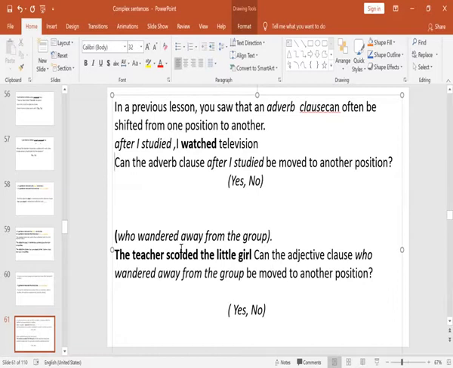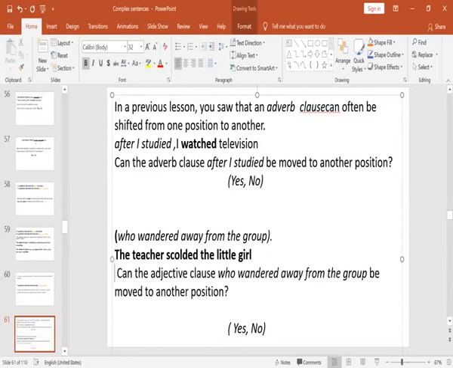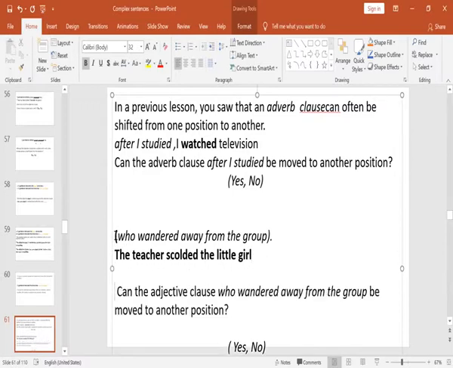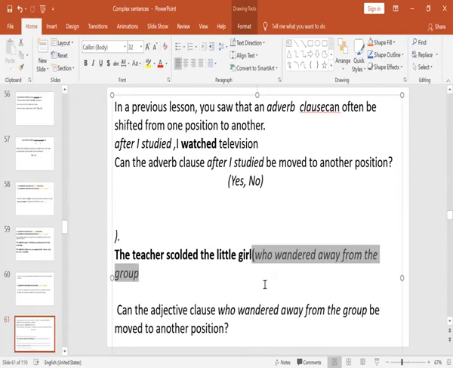Then look at this. The teacher scolded the little girl who wandered away from the group.